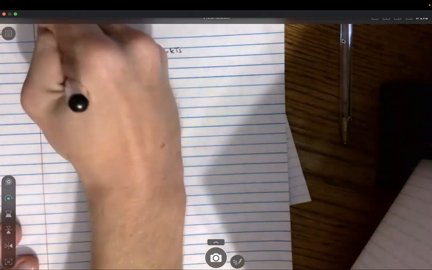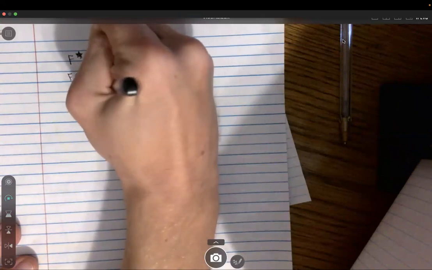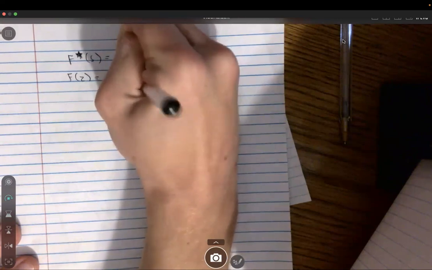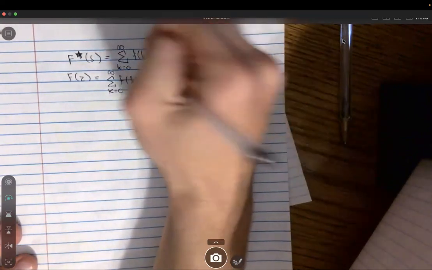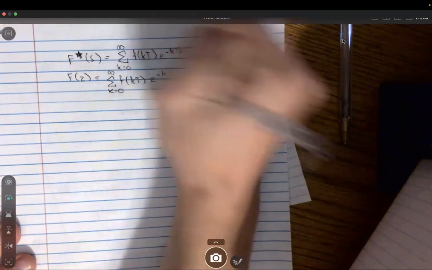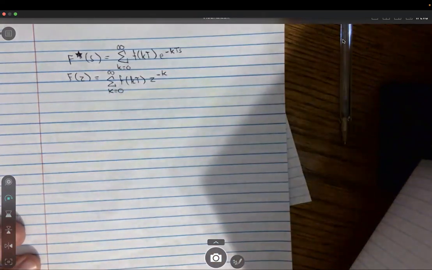But when we're talking about our z transform, remember we just substitute in z for e to the negative ts. So this would be z to the minus k. So that's how you get your f of z.